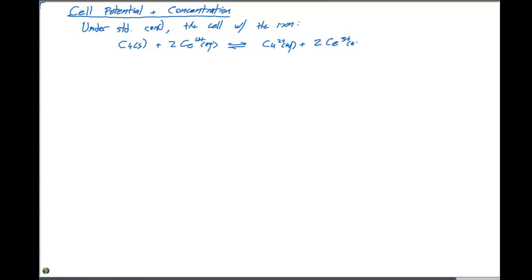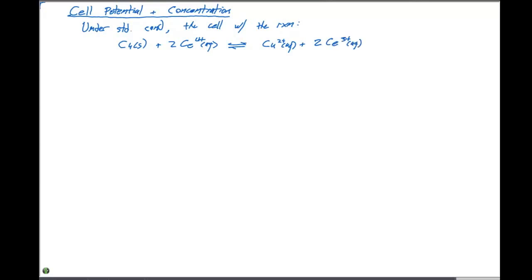So if we look at cell potential and concentration, we can say that under standard conditions, the cell with the reaction is going to be given by copper solid plus 2 Ce4+ in aqueous solution in equilibrium with Cu2+ in aqueous solution plus 2 Ce3+ also in aqueous solution.